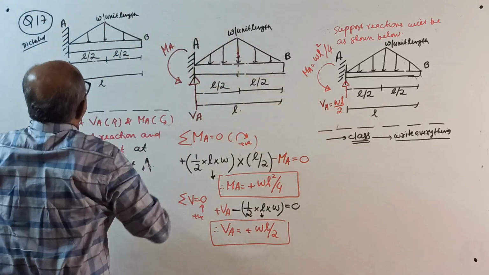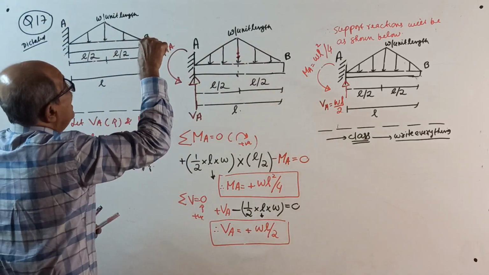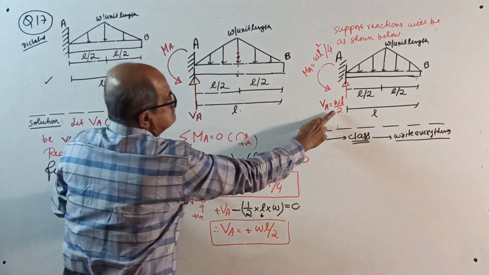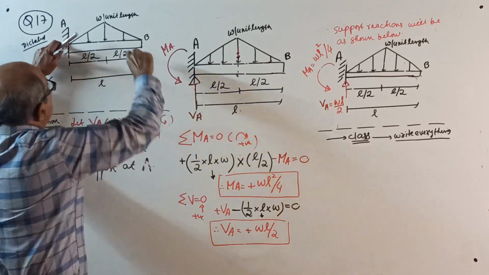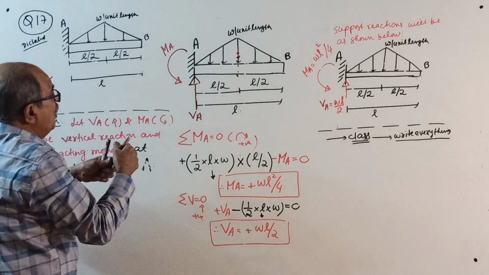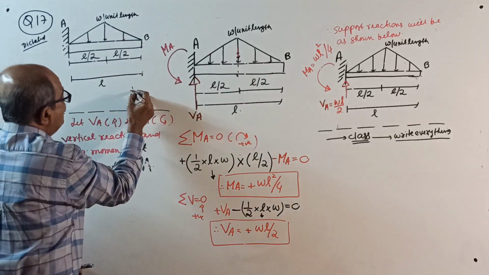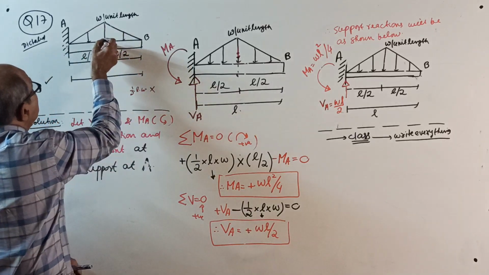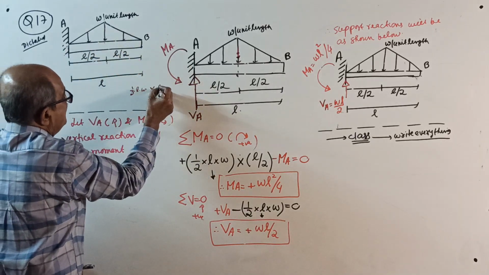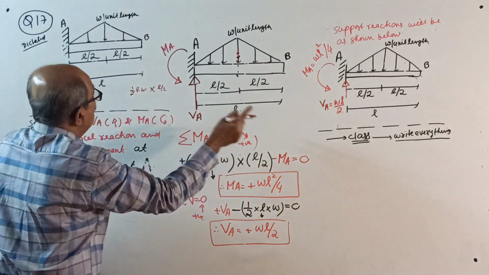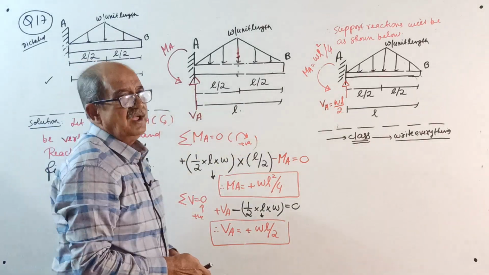Total load down: half into L into W, WL by 2. That much reaction up. Net moment reaction: half into L into W, total load, multiplied by the centroid at L by 2, L into L, L square, WL square by 4. Enter the answer. Okay, over.